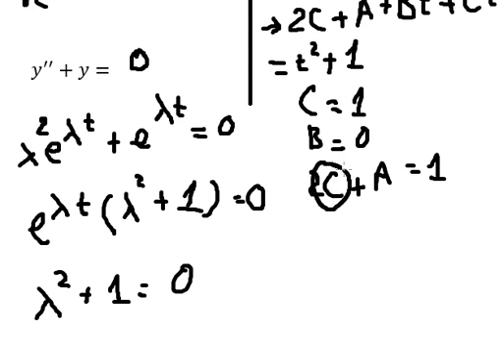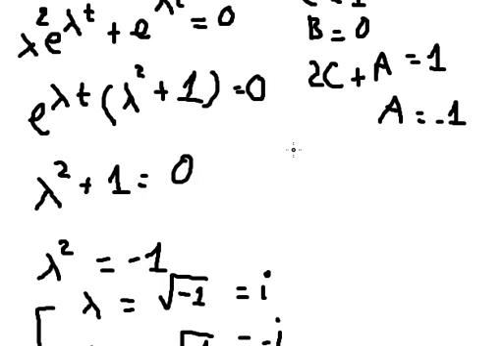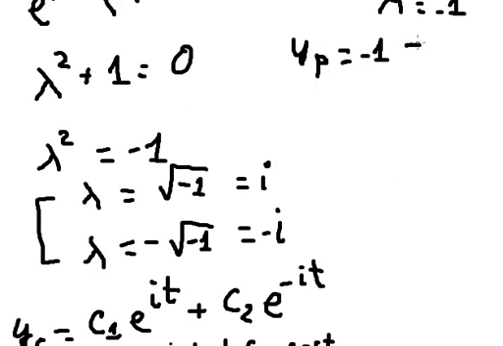We put 1 in here, and we have 2. a equals 1 minus 2, so a equals negative 1. Now we put negative 1, 0, and 1 in here, and we have yb equals negative 1 plus t squared.